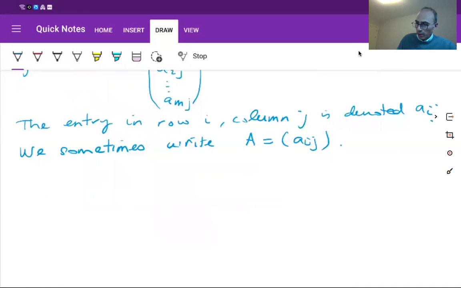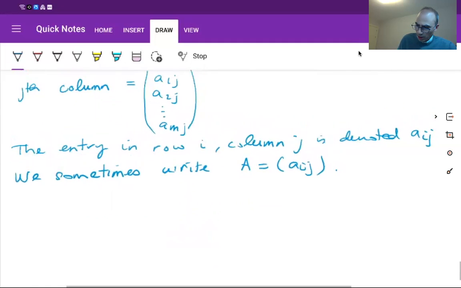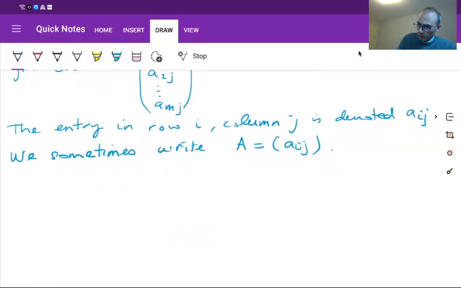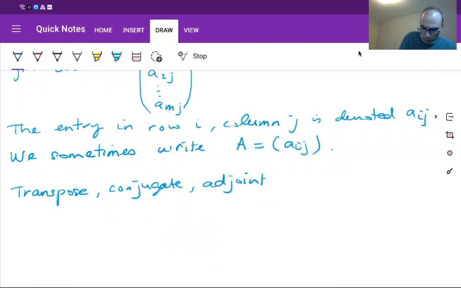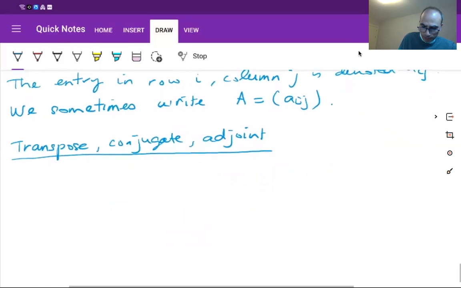So now let me give you some operations on matrices. Let's discuss some operations that we can apply to matrices. So we can take the transpose, the conjugate, and the adjoint. And these are defined as follows.